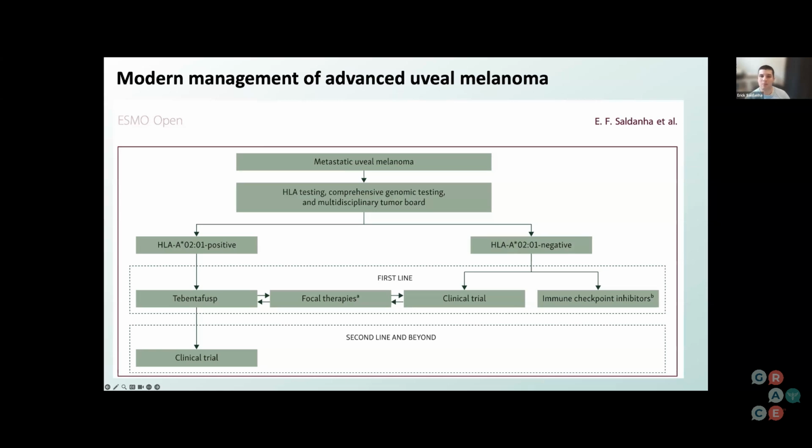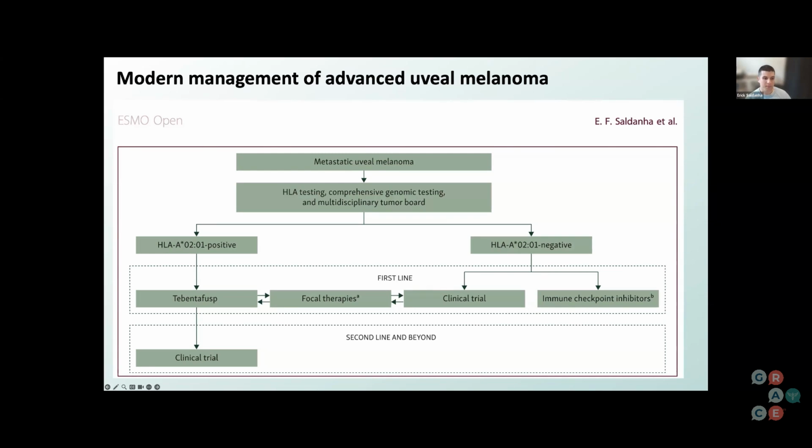In very selected populations, once we do the screening, the testing, and the workup, we might discuss immune checkpoint inhibitors, immune checkpoint blockade, similar to cutaneous melanoma, but this is less likely and is only for a very selected population of patients. The same goes for focal therapies, as I showed; we have various techniques and options that we can offer patients.